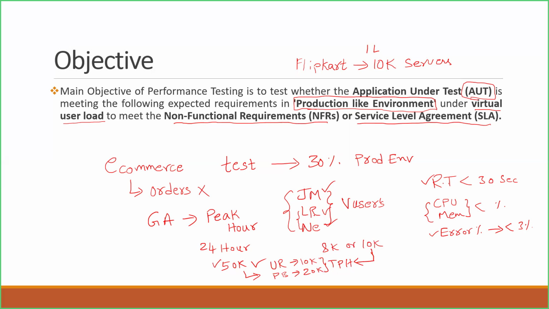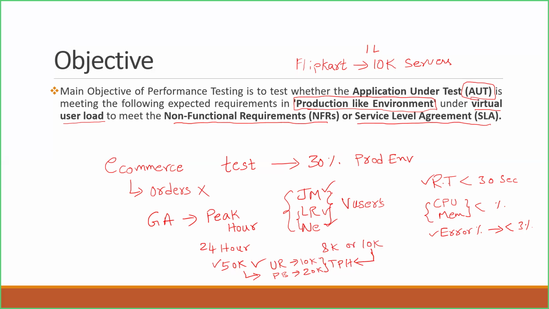The problem here is that in these two tools we have the license issue, whereas in JMeter there is no license, but we need a larger number of virtual machines. The master-slave concept comes into the picture in JMeter, which we also call distributed testing.